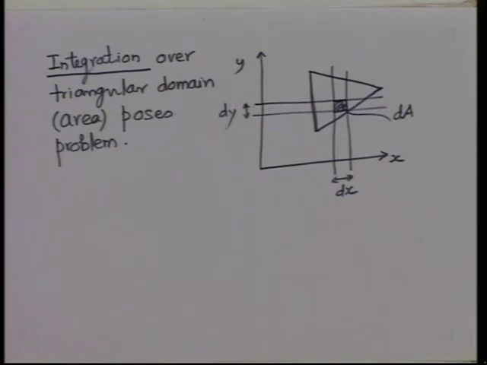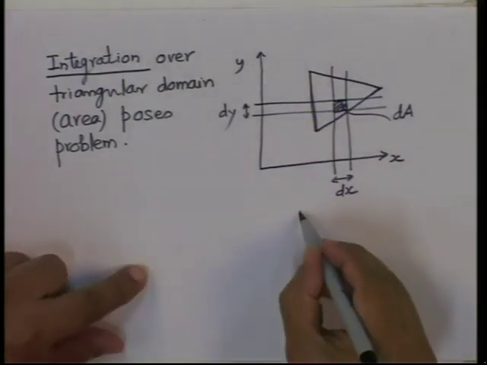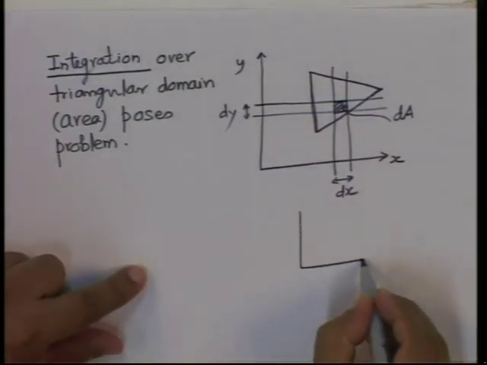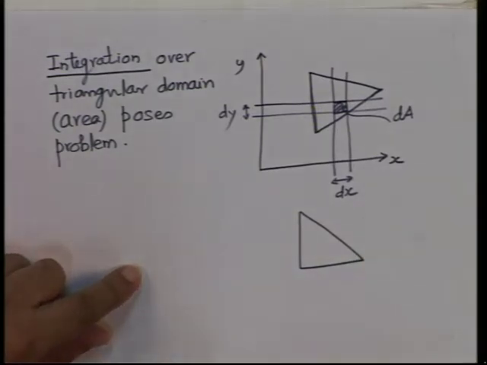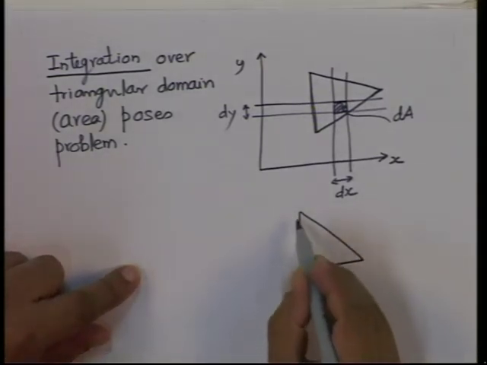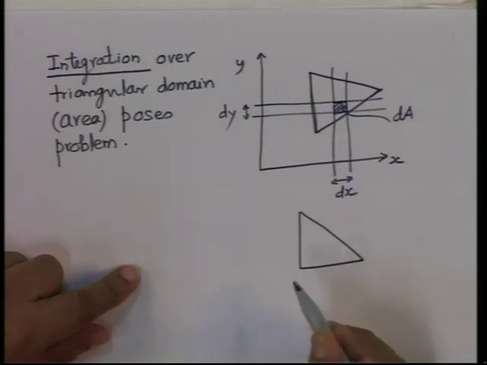This is the only issue if you want to integrate any function over a triangular area. When this was developed, it was okay for some simple configuration, for example a right angle triangle with one side parallel to an axis.